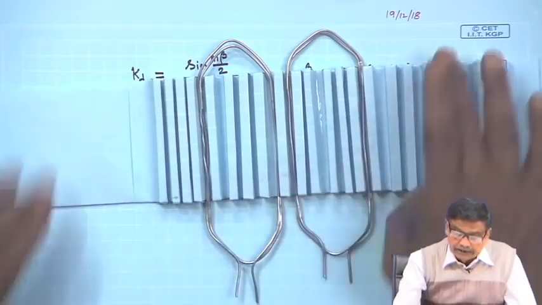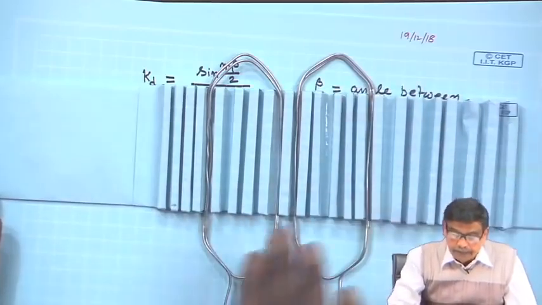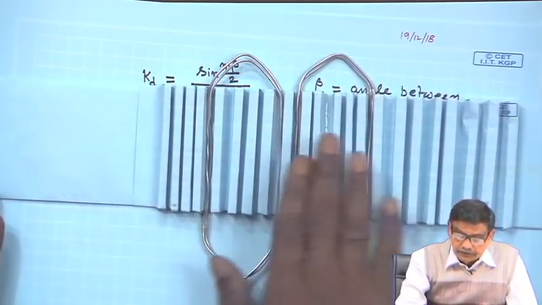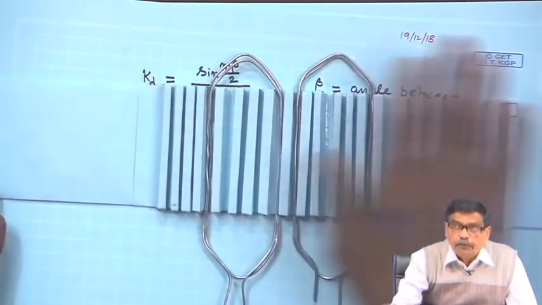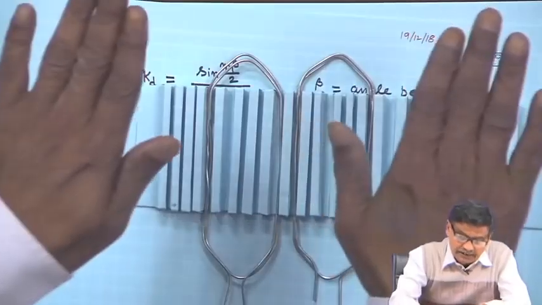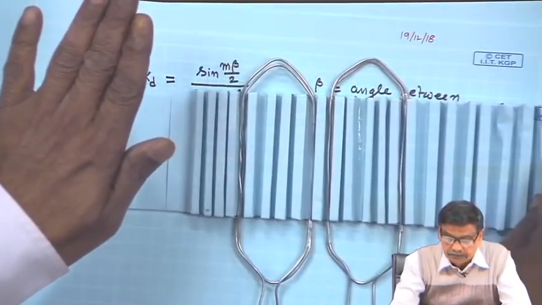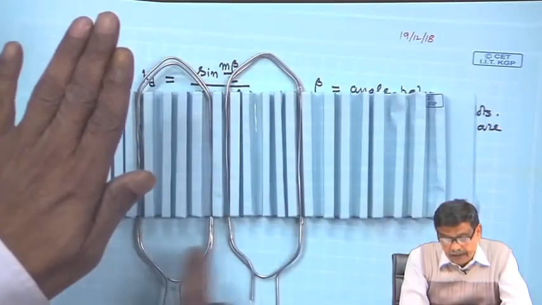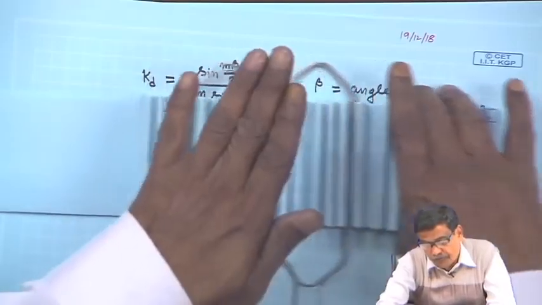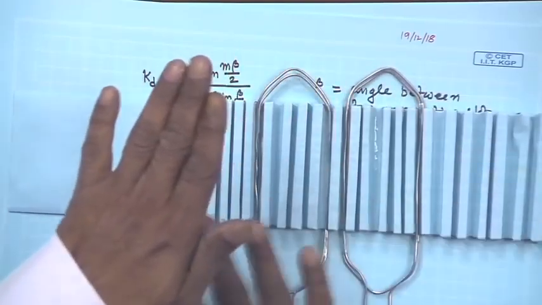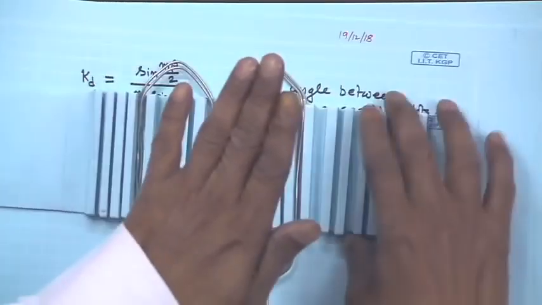Now, if you do like this, imagine that your poles are moving here, the voltage induced in this coil will be lagging this coil if the field is moving. If you move it from this to this, the voltage will lag this voltage. If you move it from left to right, if you reverse the direction of rotation, then this will be leading.